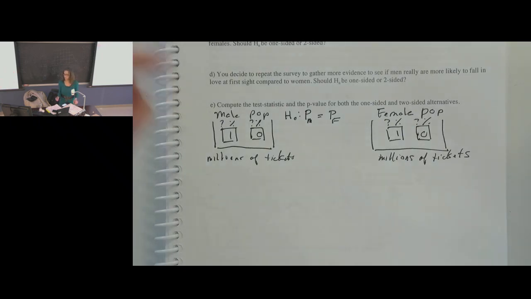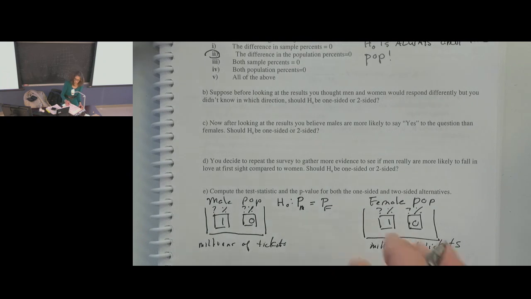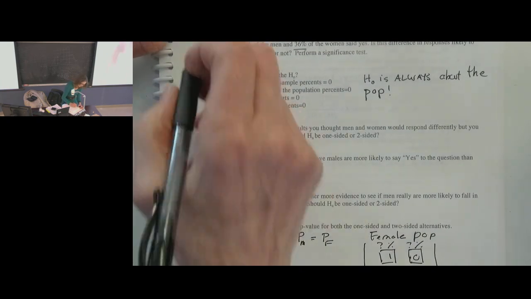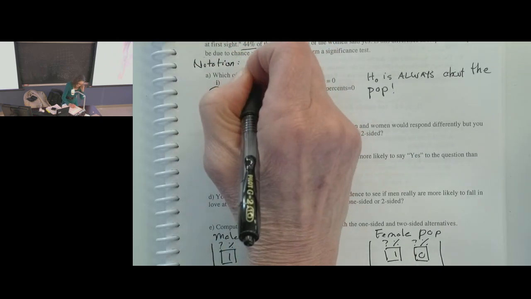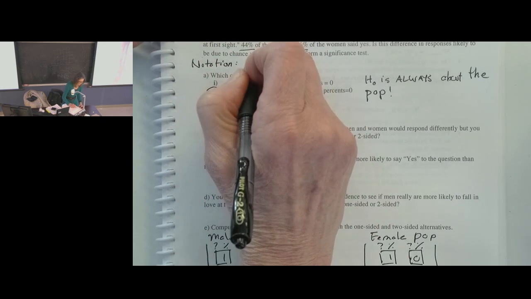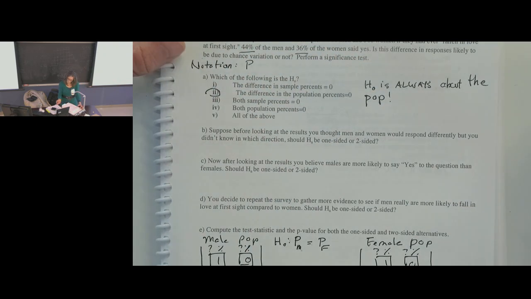Okay? In the population. Maybe I should write that notation up here, just so you don't get confused. Usually we use Greek letters, but P in Greek is pi, and that's confusing because pi also has 3.14.